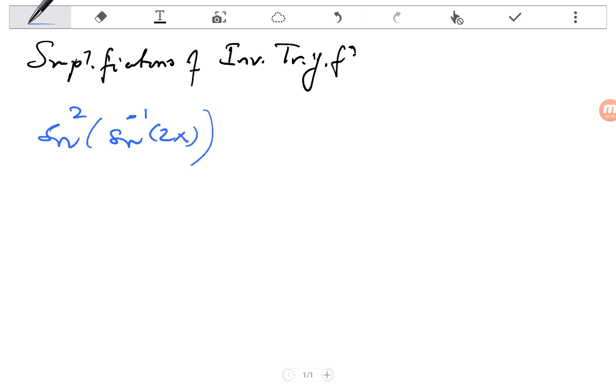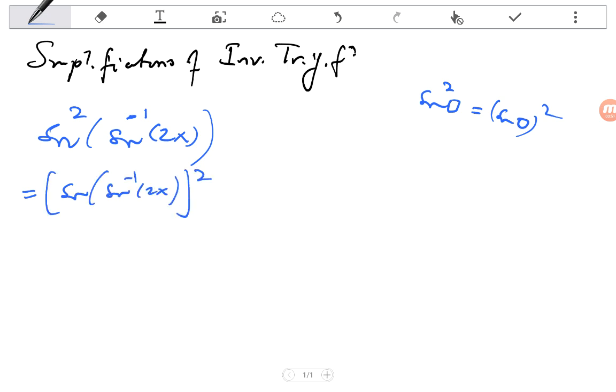Something squared is exactly the sine of that angle, whole squared. So that would be sine of sine inverse 2x, whole squared.